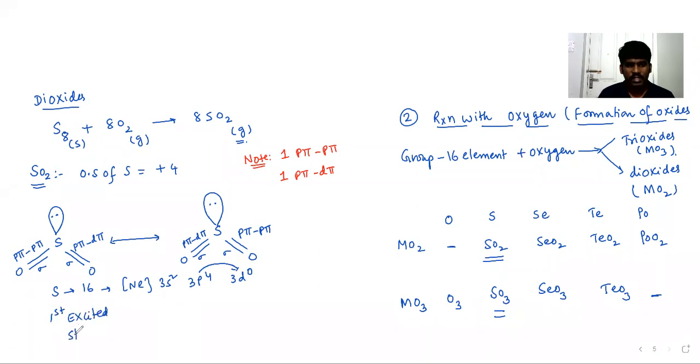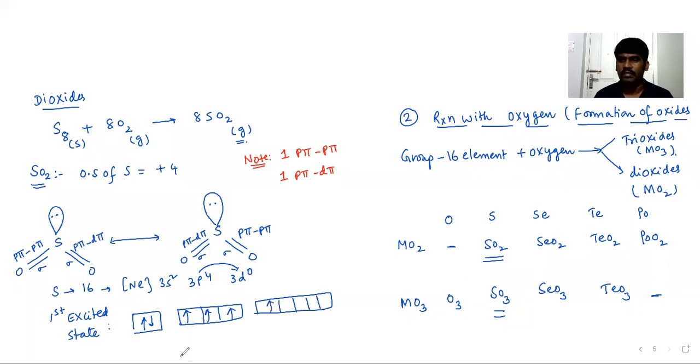So in first excited state, 3s has 2 electrons. 3p has how many electrons? 3 electrons. 3d has how many electrons? 1 electron has been promoted, so 1.